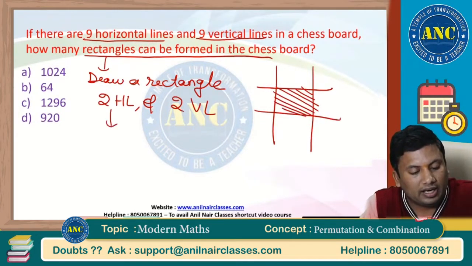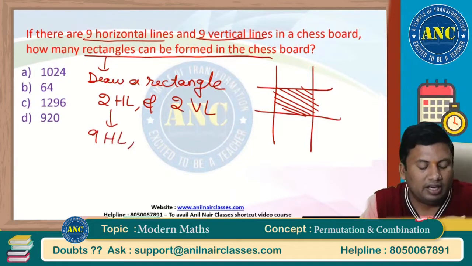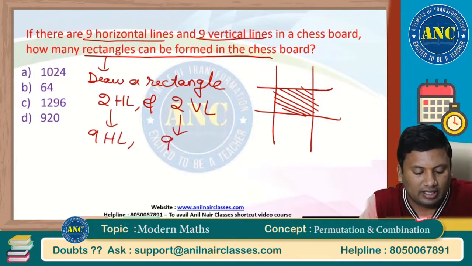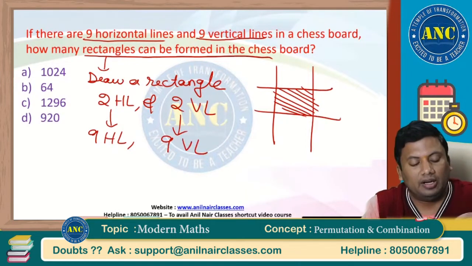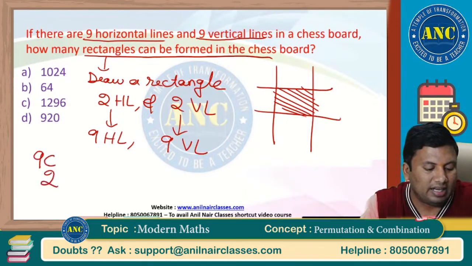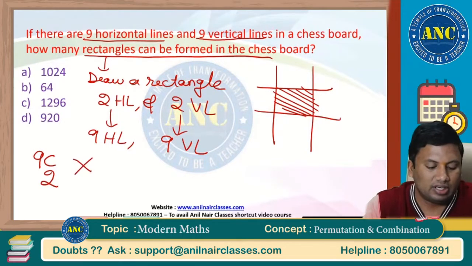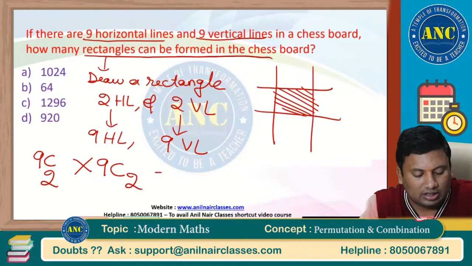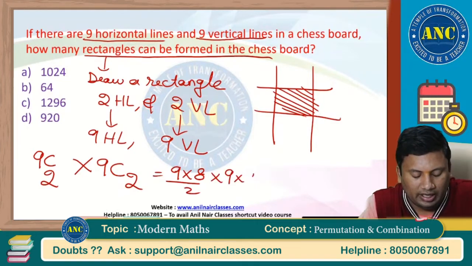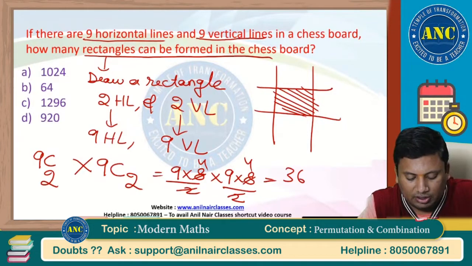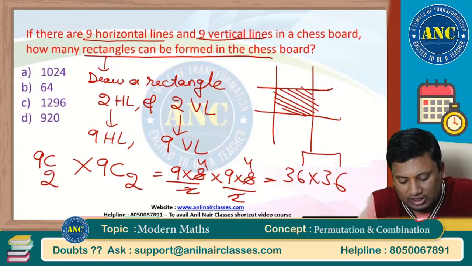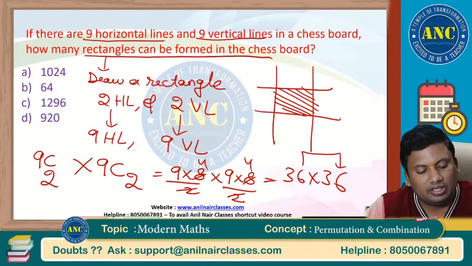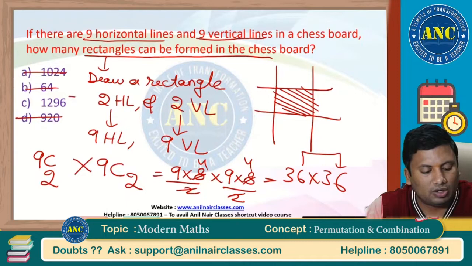Out of 9, select any 2 horizontal lines, and into that, out of 9 vertical lines, select any 2. So these are nothing but 9 into 8 by 2 into 9 into 8 by 2. 2 ones are 2, 2 fours are 8, so it is 36 into 36. Unit digit is 6, 6 6s are 36, unit digit should be 6. So answer is 1296.